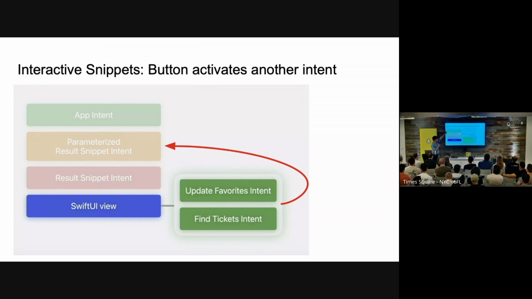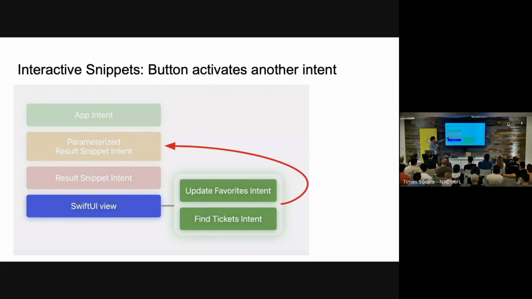So we have the app intent. The app intent returns a parameterized snippet intent as its result. That resulting snippet intent is going to return a SwiftUI view that happens to have a button where on tap another intent might be fired. In this case, our update favorites intent.